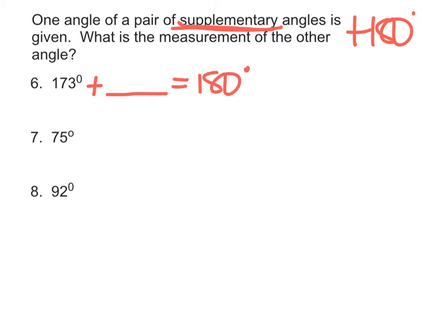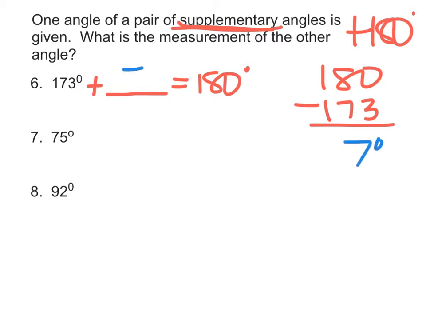Okay, so similar as complementary, you're going to take the 180, subtract the angle that you know, 173, and that'll leave you with your supplementary angle. So 180 minus 173 is 7 degrees. So 173 degrees and 7 degrees are supplementary angles, because they add up to equal 180.